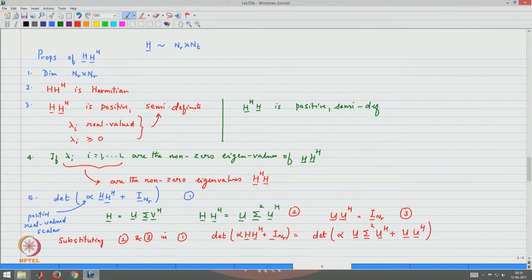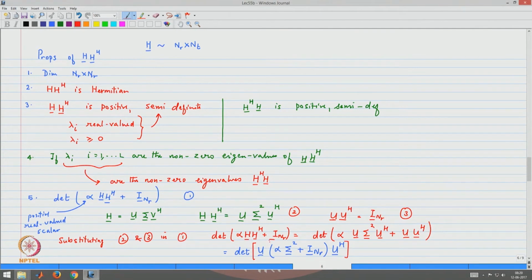Then, of course, simplifying the expressions that we have, this is nothing but the determinant of U times, within the bracket, alpha times sigma squared plus I_NR, times U Hermitian. So, basically we have a multiplication of 3 matrices, and you want the determinant of this expression, which would be the product of the determinants.